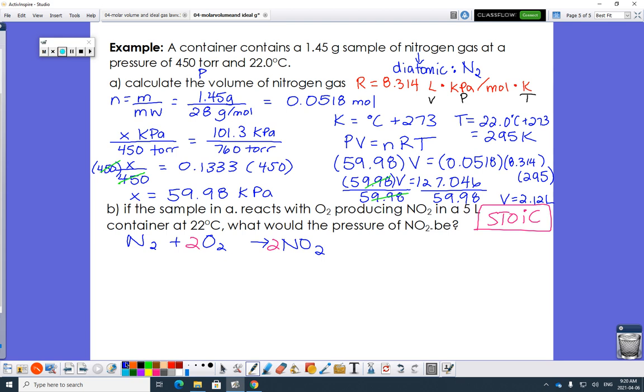So this time we have sample reacts with oxygen, producing NO2 in a 5-liter container at 22 degrees Celsius. It happens to be the same temperature. I'll show my conversion again, but it is the same temperature. You wouldn't need to.